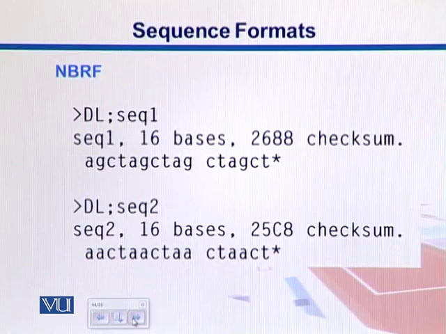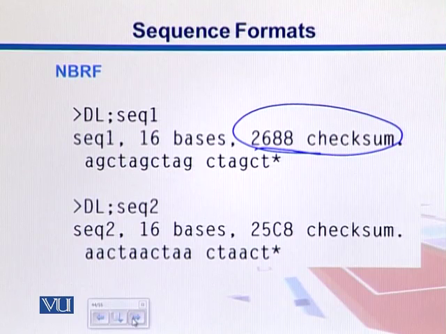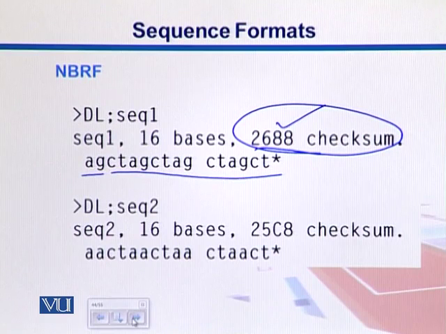NBRF, let me go over it also. In addition to the sequences, whose format is pretty similar to simple FASTA, it gives us the checksum value. For the checksum, we take those nucleotides, and since in computers every character is related to some ASCII value, we can take those values and add them up together, and then we come up with this number called the checksum.